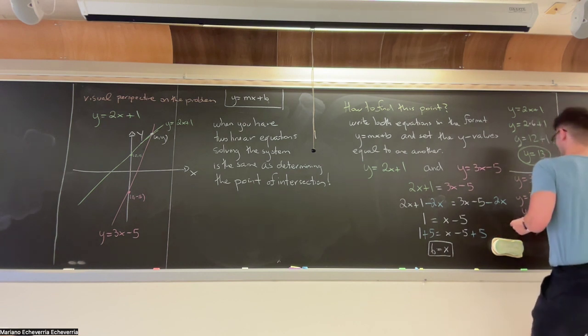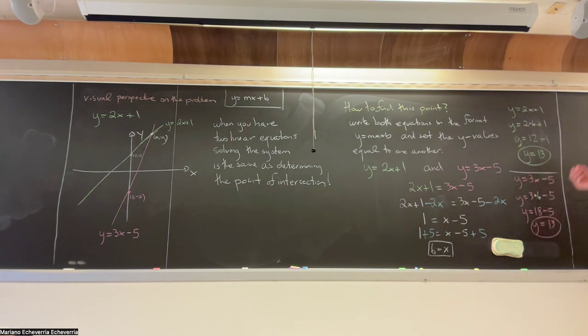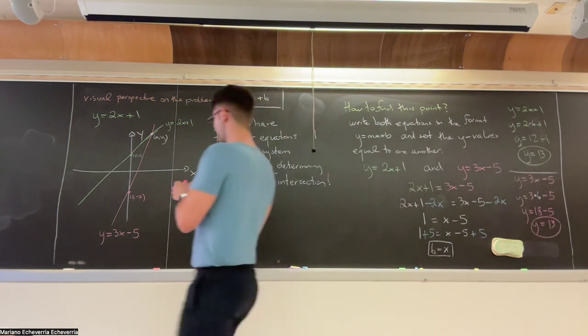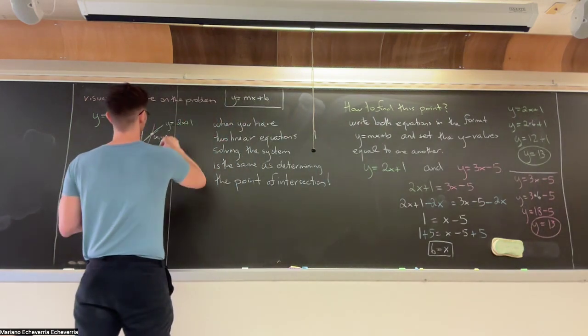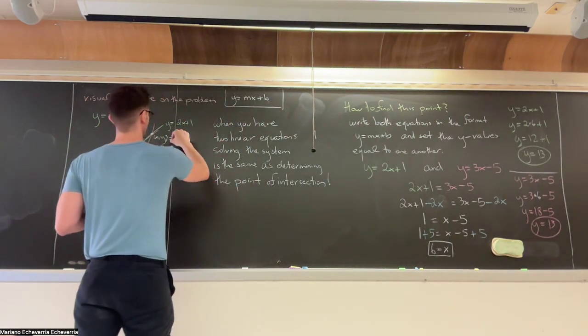Which is what's supposed to happen, because we essentially found it by forcing them to agree. So it would be weird if you didn't find the same value. That definitely means that you made a typo or a mistake somewhere along the process. So that means that the point of intersection for these two particular equations is (6, 13).